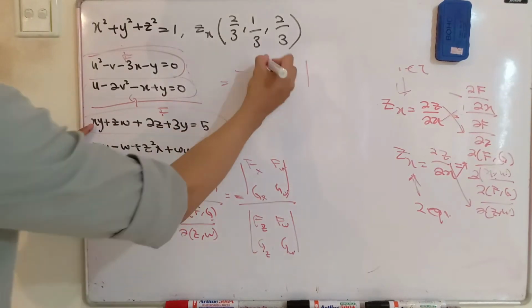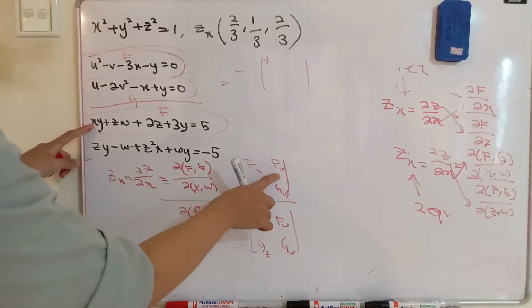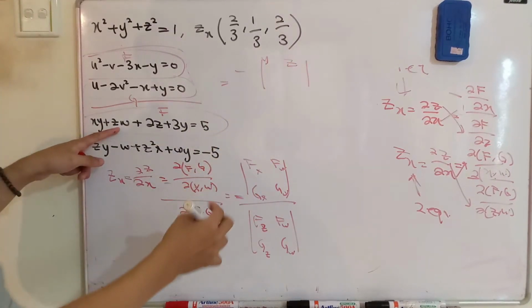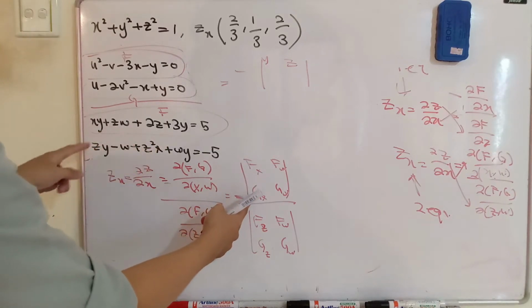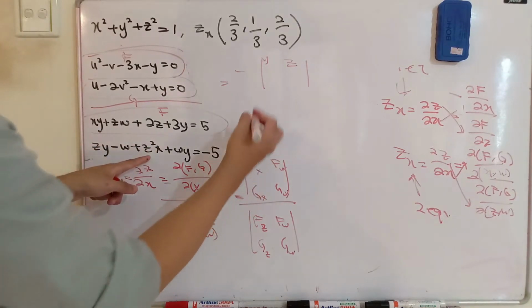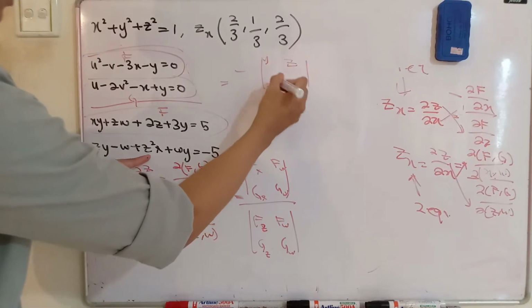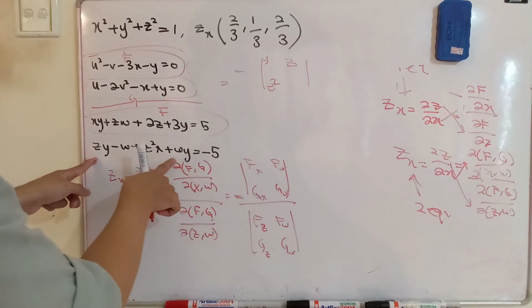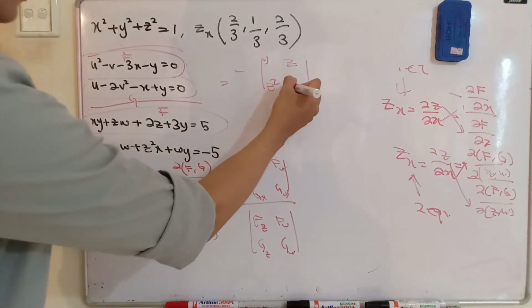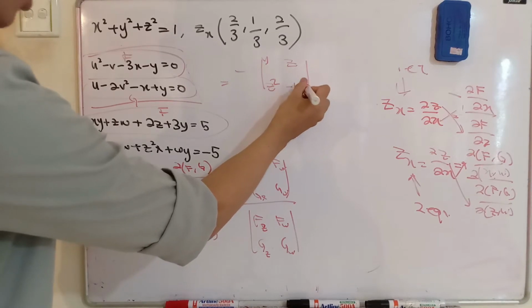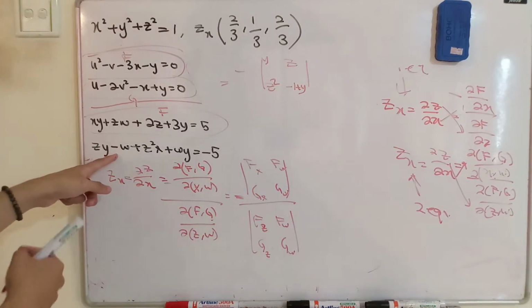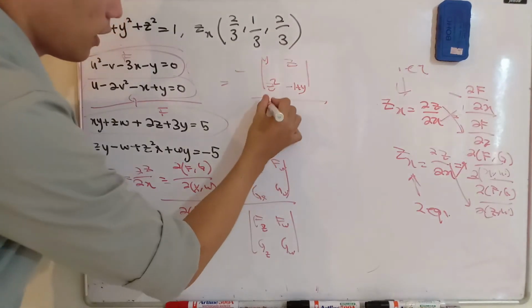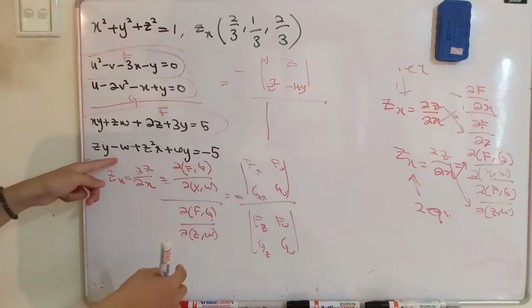So f is going to have y, and then f w is going to have z, and then g, I'm going to have z squared, and then g w I'm going to have 1 plus y. Wow, it's very rare to get like this, but it's okay. And then 1 plus negative 1 plus y.